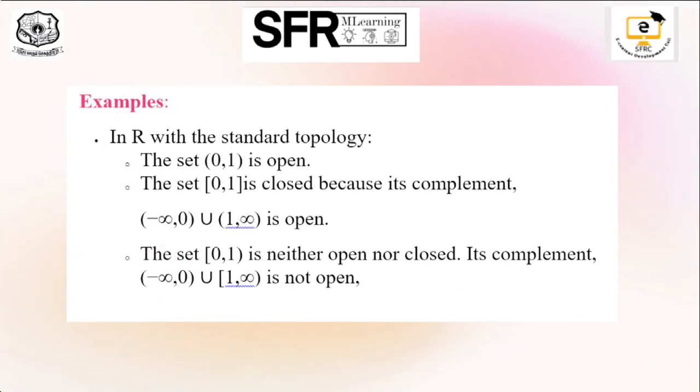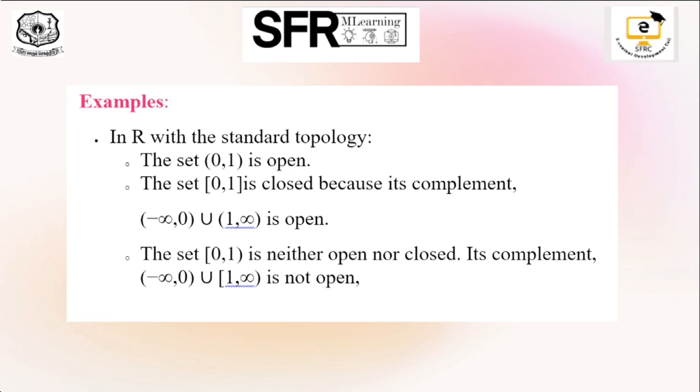Next, we pass on to some basic examples for open sets and closed sets. In R with the standard topology, we consider the open interval (0, 1), which is open. Next, we pass on to the closed interval [0, 1].